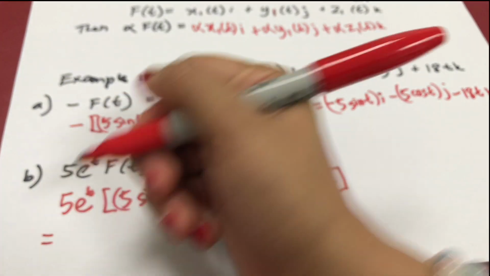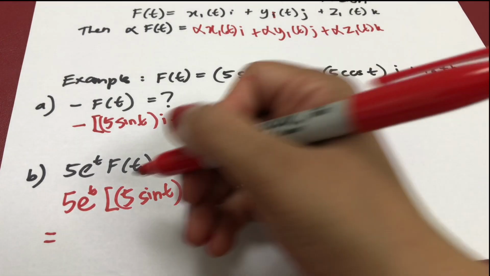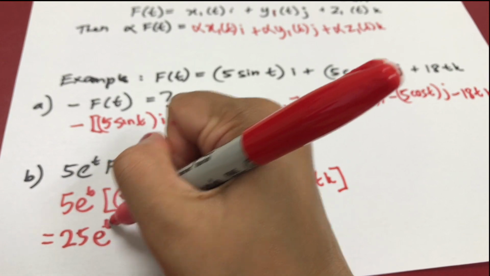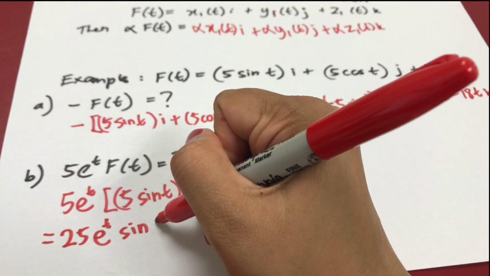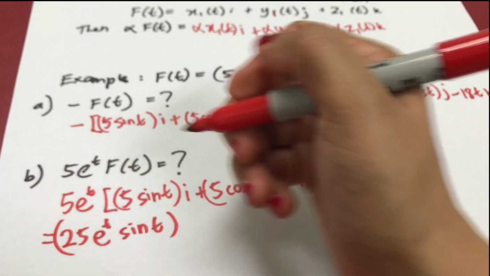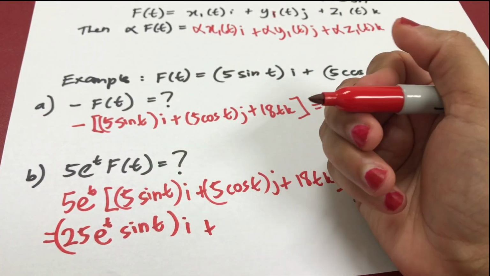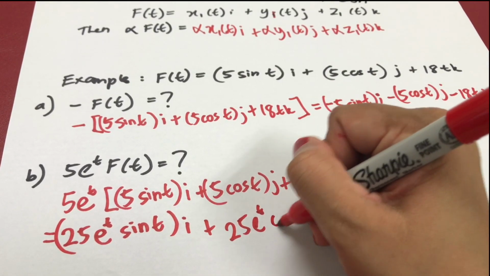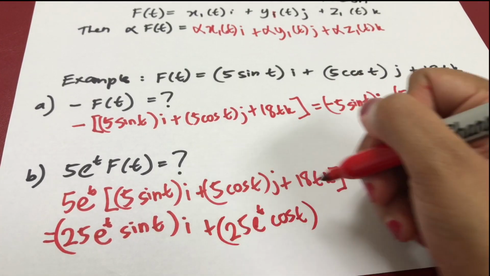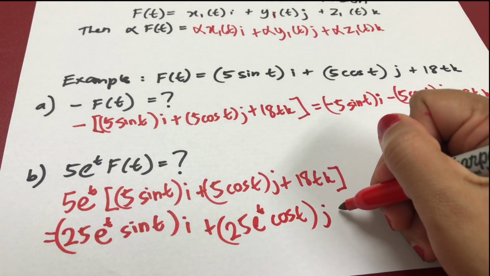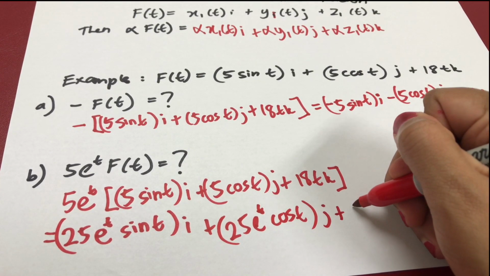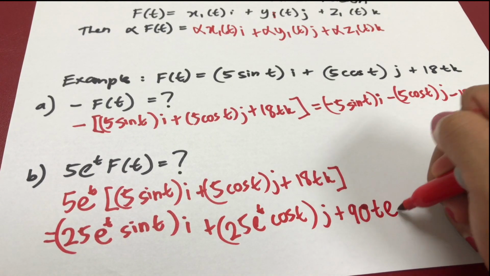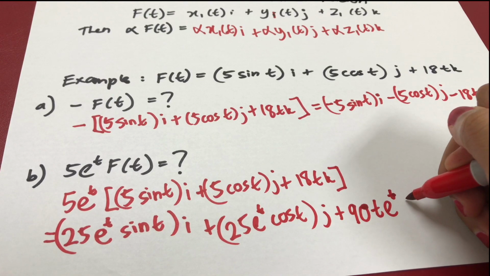We would get the answer as 25e to the t sine t i plus 25e to the t cos t j plus 90 t e to the t k.